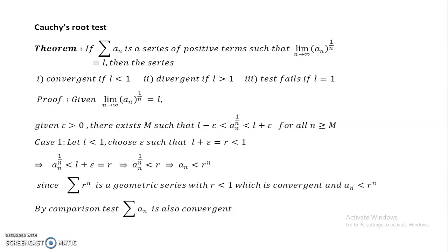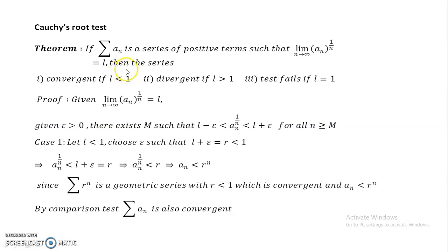The statement of this test is that suppose the series Σ an is a series of positive terms such that the limit of an^(1/n) as n approaches infinity gives L. Then the series is convergent if L is less than 1.